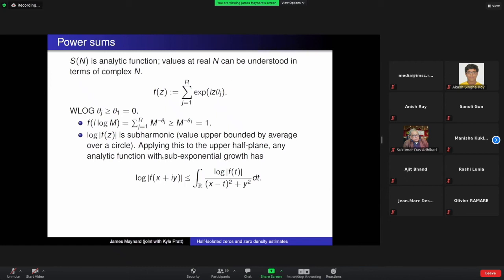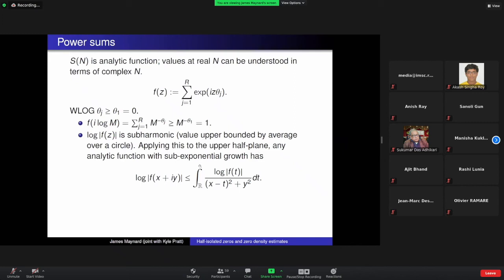And so applying this to this complex number, f of i log m, we see that we can apply this with bigger and bigger regions. So I can think about applying subharmonicity to ever-growing boxes, which are increasing to the upper half plane.